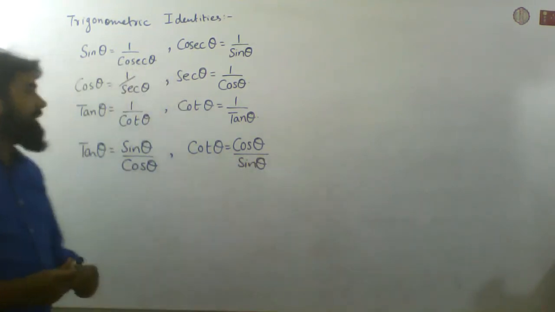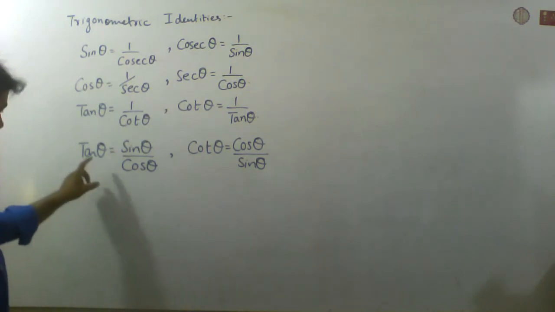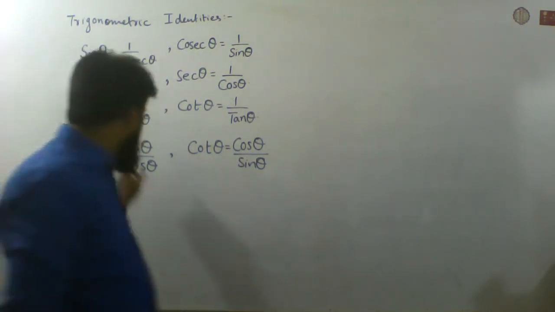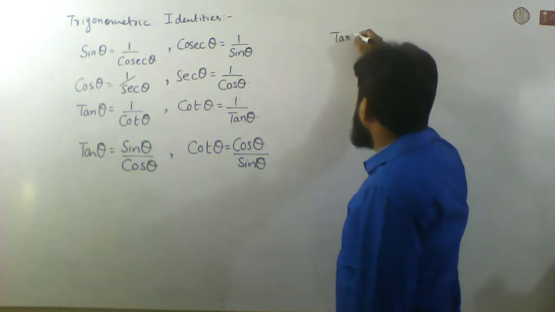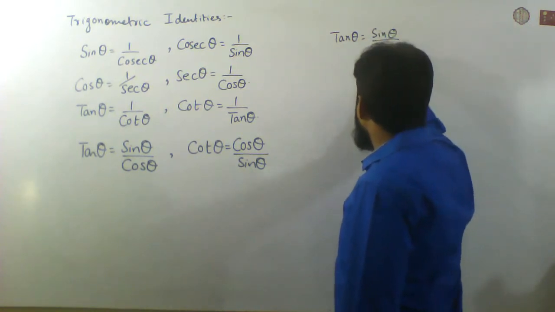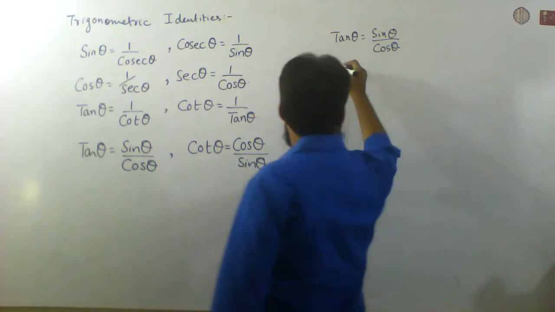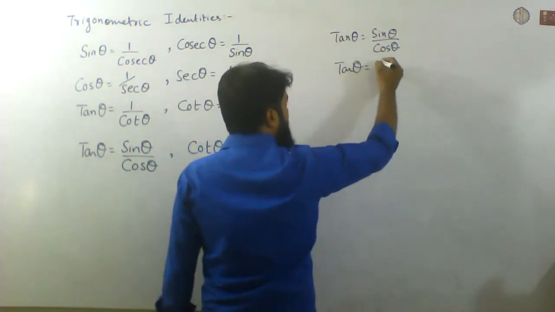How can I say that these things are equal to this one? So let me just explain this one. Tangent theta equals sine theta over cos theta.